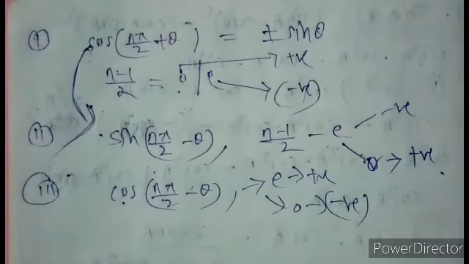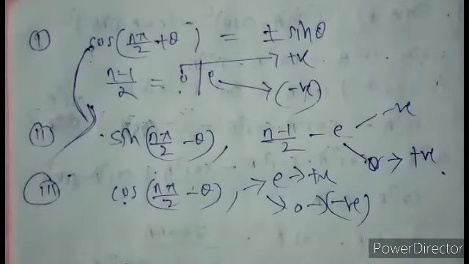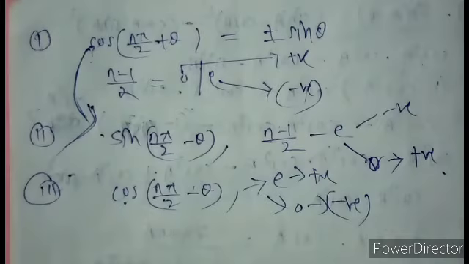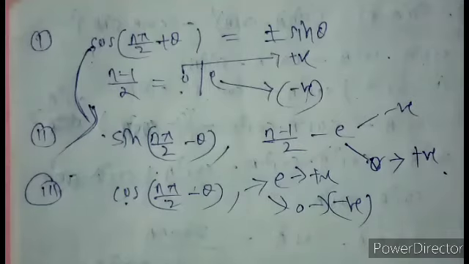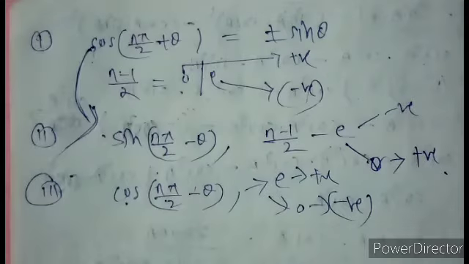Simply we will recall that there are 4 formulas of nπ/2, that is sin(nπ/2 + θ) is equal to plus or minus cos θ. How it will be considered positive or negative: we simply subtract, that is (n minus 1)/2, where it is even, then it is positive, and where it is odd, then it is negative.